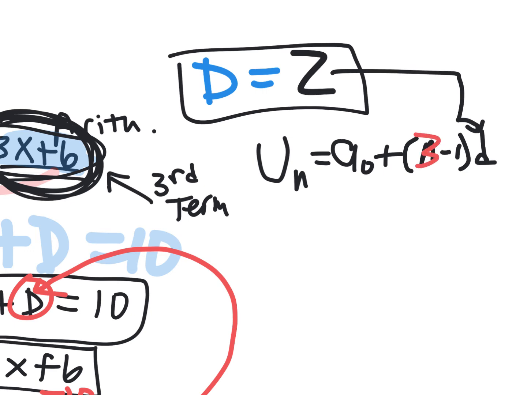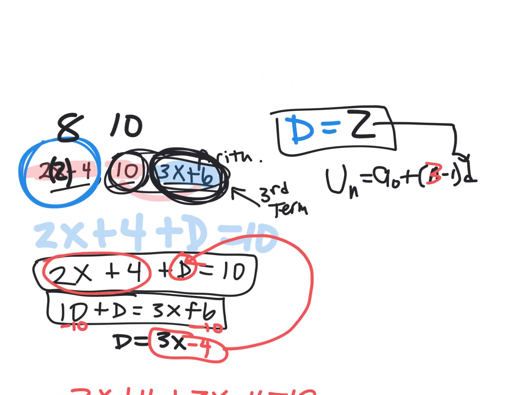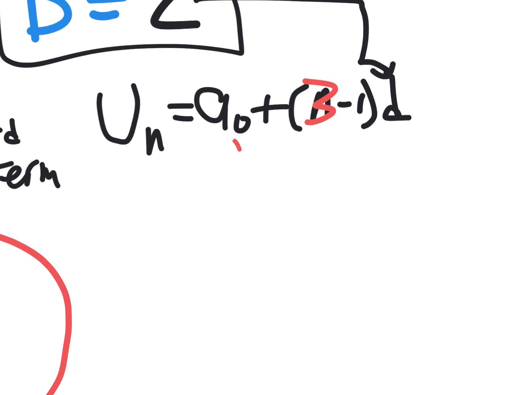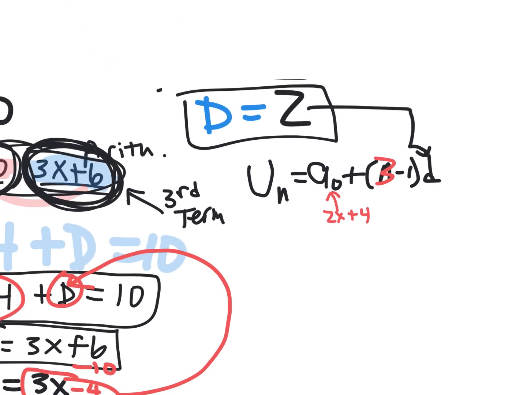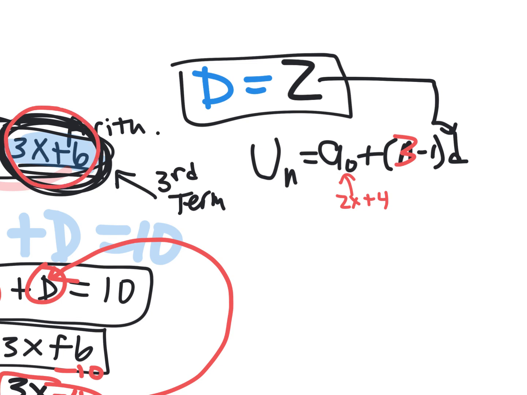And the starting term, I even know that. The starting term was 2x plus 4, and I could put that there. Okay, and that final term, the third term, is this, so that 3x plus 6 could go here.